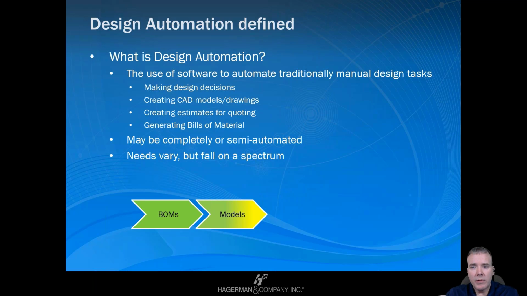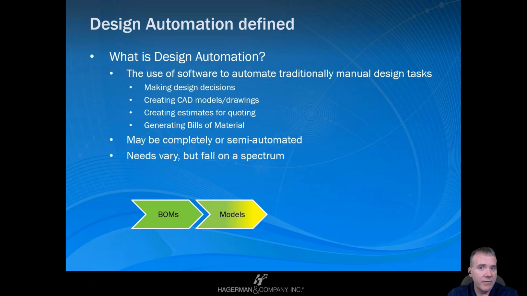From there, if you need more than just a bill of materials, you're usually talking about some picture of the product. Now, that could be a 2D drawing. The focus of our presentation today is largely on Inventor, but a lot of people still automate AutoCAD.